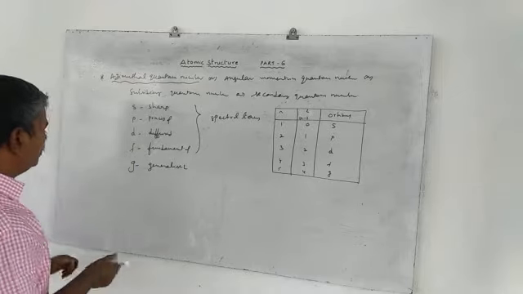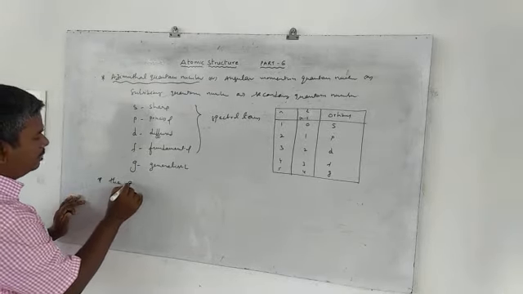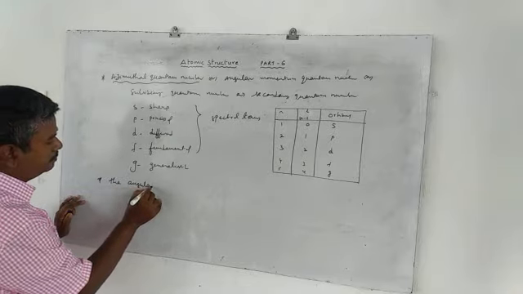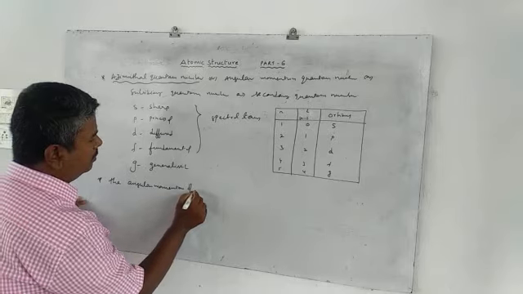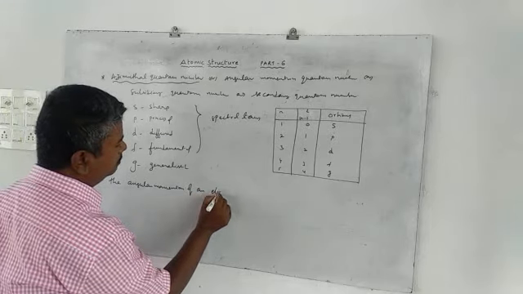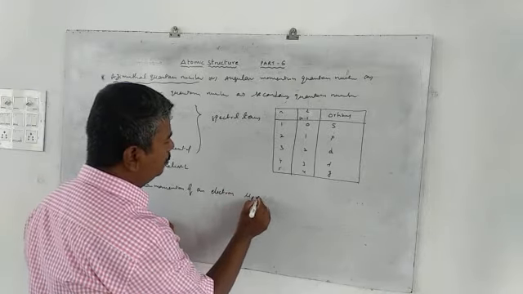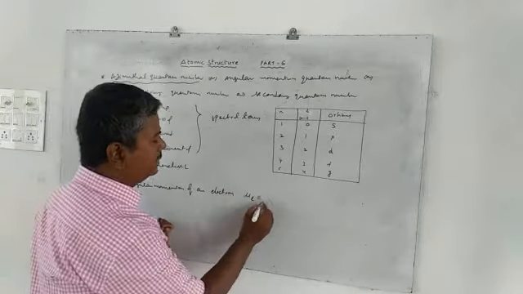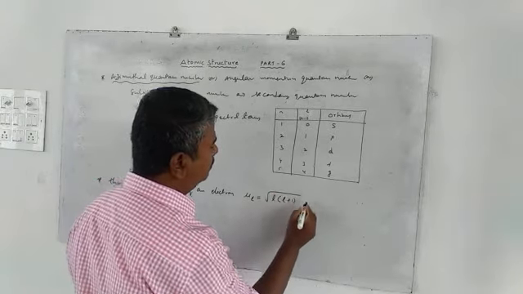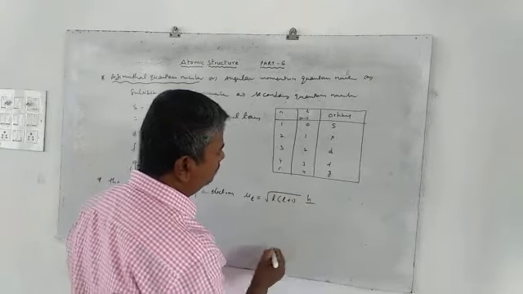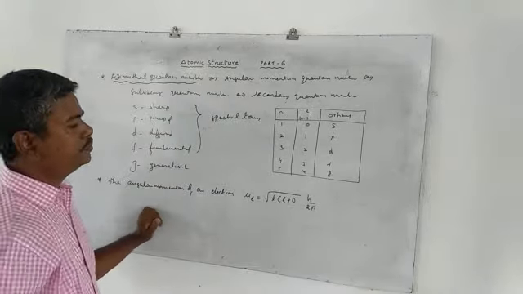And from that, the angular momentum of an electron, that is mu L, can also be calculated as root over L into L plus 1 into h by 2 pi.